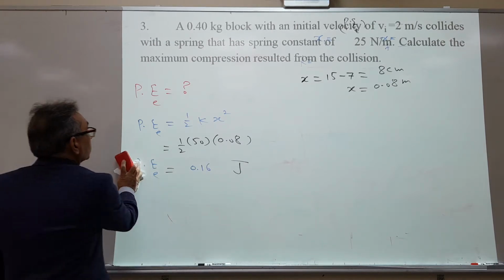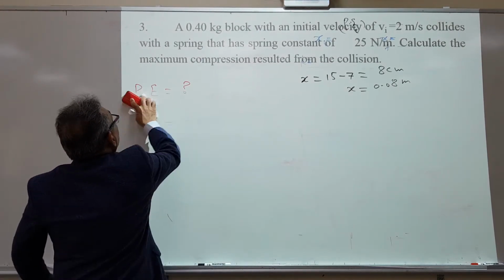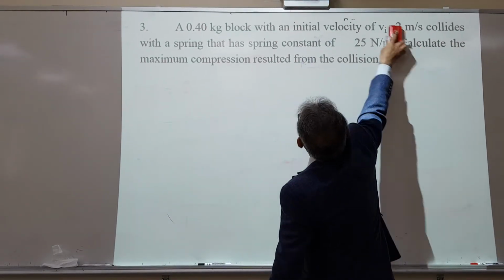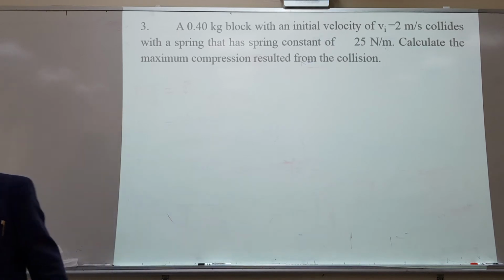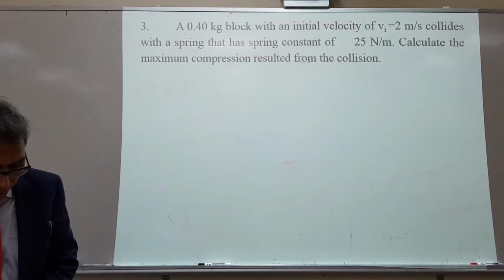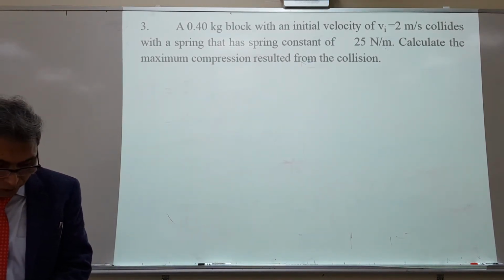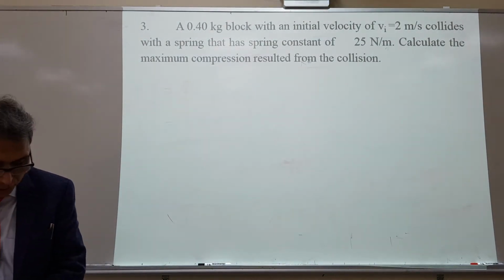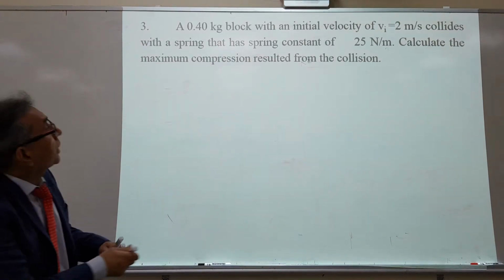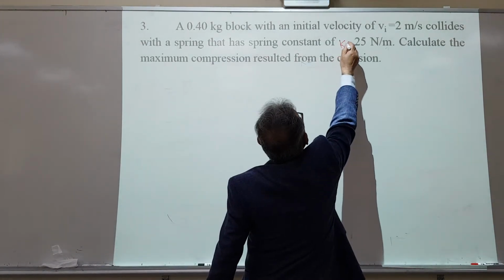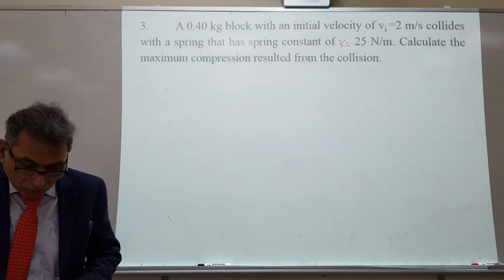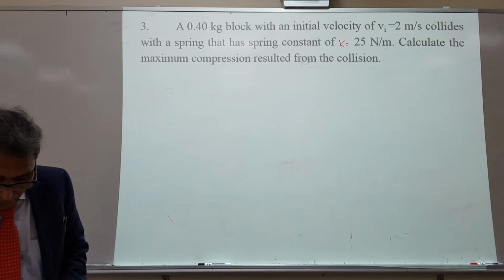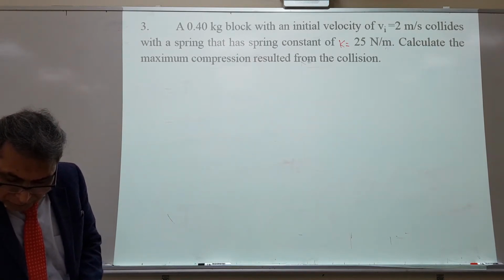Next. A 0.4 kg block with an initial velocity of 2 meters per second collides with a spring that has spring constant K, which is given to you, and calculate the maximum compression resulted from the collision.